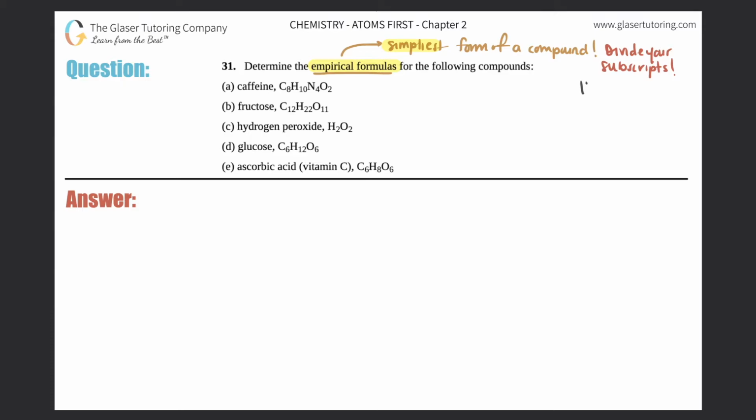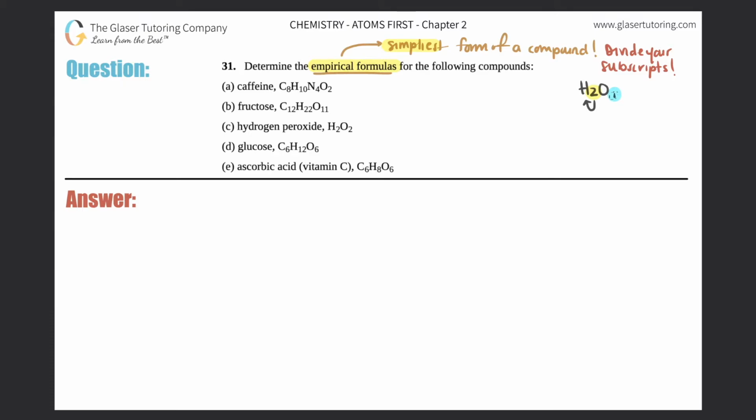So for example, if I'm talking about H2O, there are 2 hydrogen. The subscript 2 represents the hydrogen, and there's no subscript for oxygen, so we assume that there's 1 oxygen. So in this case, we have 2 hydrogen and 1 oxygen. Would I be able to simplify this formula?